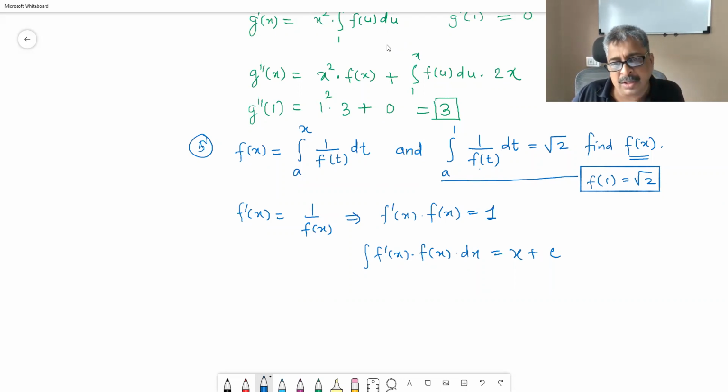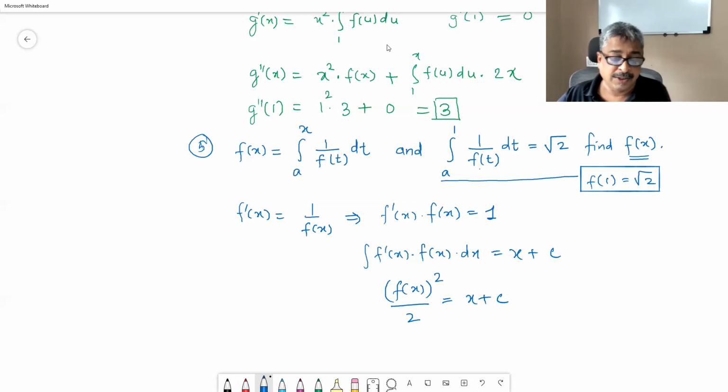So the integral of that is f of x, bracket raised to 2, divided by 2, is equal to x plus c. If you differentiate this, then you get the 2 to cancel, f of x into f dash of x. That is what it is.